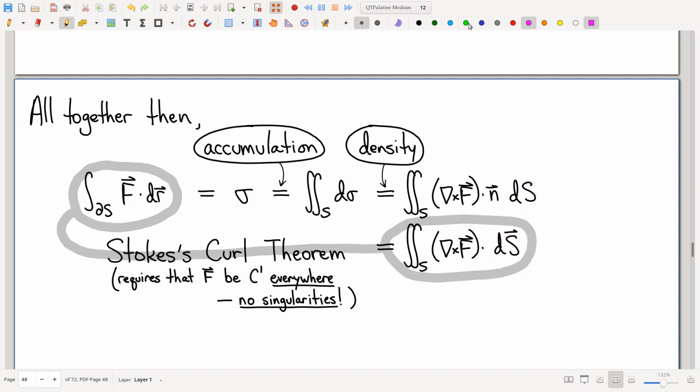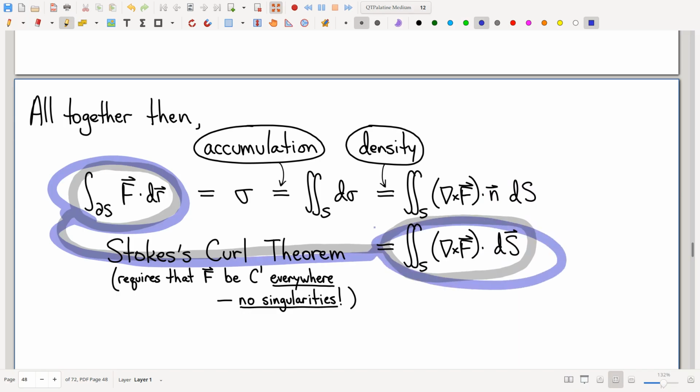This is what I'm going to call Stokes's curl theorem. Just summarizing, boundary circulation is an integral of boundary circulation density. Or said differently, the boundary line integral is the flux of the curl through the original surface.